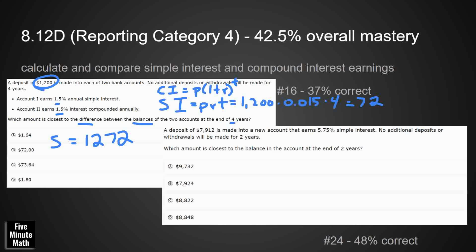Okay, so our principal, let's move this down here for a little bit more room. So our principal is 1200. We'll multiply that by 1.015 because we have that 0.015 as our interest rate, and we're going to take that to the 4th power. So let's go ahead and do that. So 1200 times 1.015 to the 4th power, and you don't get a whole lot different. You end up getting, and I'll put compound right here, 1273.